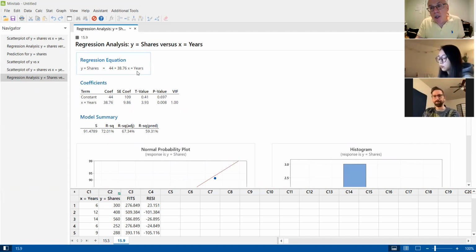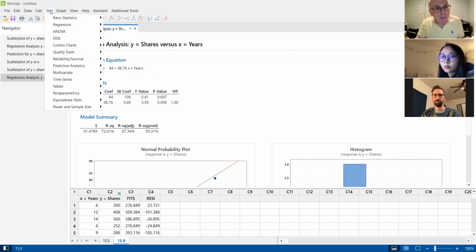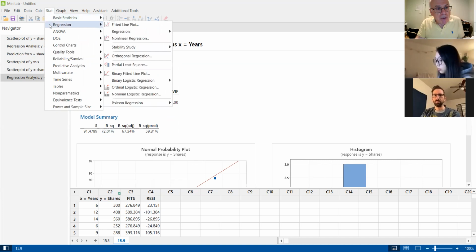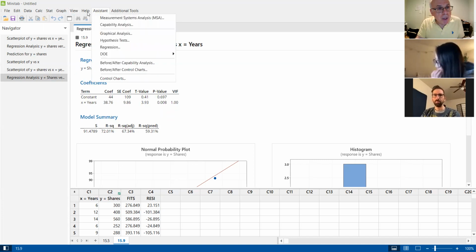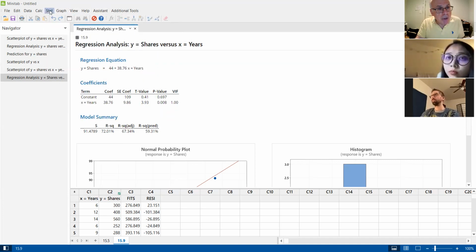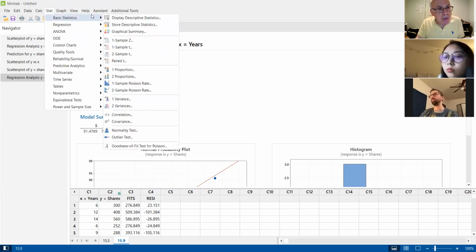What if we wanted to know the correlation? Well, if we go to Stat again, not the regression, Stat, go to Basic Statistics, and scroll down to Correlation.